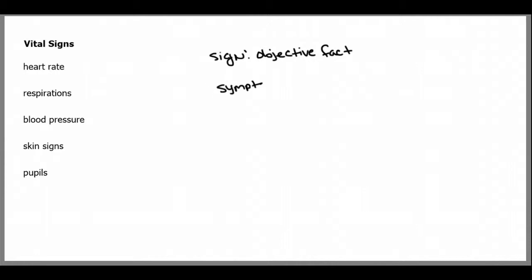A symptom, on the other hand, can be categorized as a subjective feeling. An example of a symptom is feeling nauseated, feeling like you have a headache. There's an important distinction to remember between what a sign is and what a symptom is.